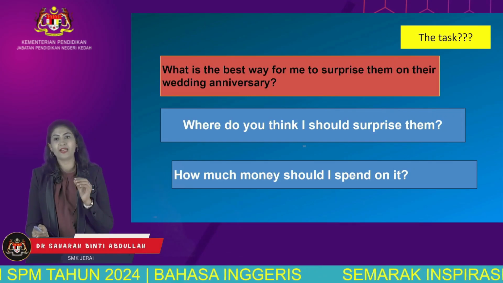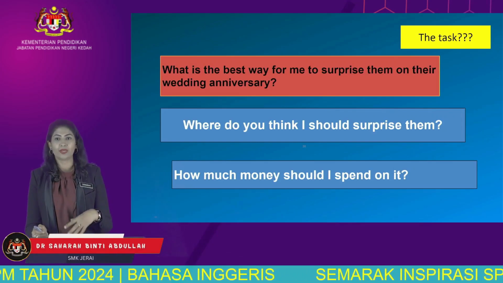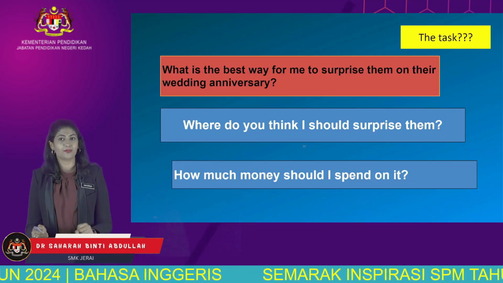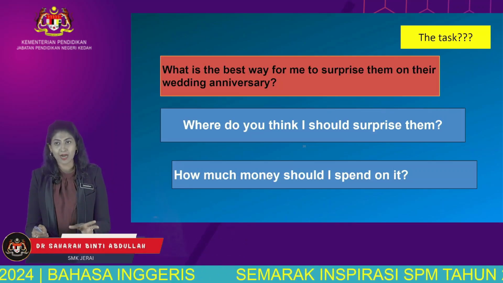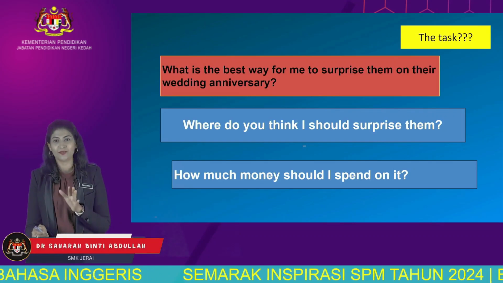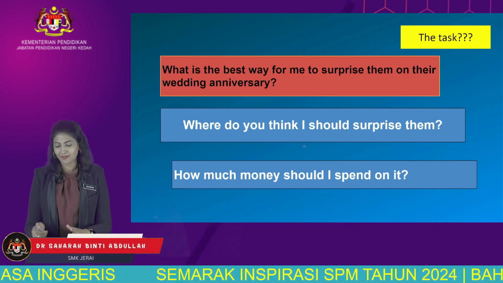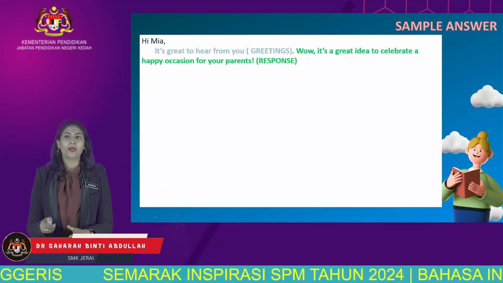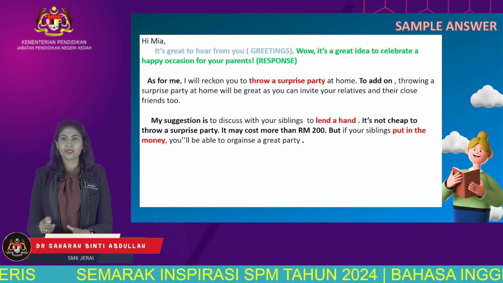Give a specific answer. When they ask where, then you can say at home, or at a resort, something like that. How much? You have to state the amount. Please answer accordingly, according to the need of the question. Don't simply answer, or you are going to lose your content points. So look at the sample answer which we have discussed earlier.